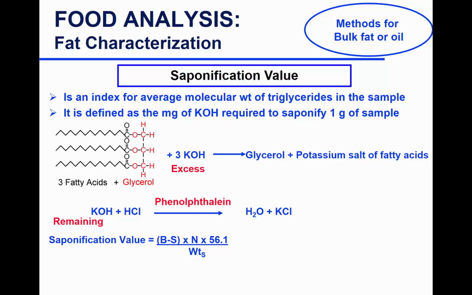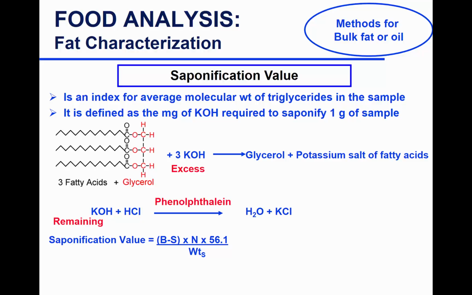B, thank you. Yes. So the larger fatty acid will have less number of moles, so you will need less to titrate. That means you will get a lower saponification value.